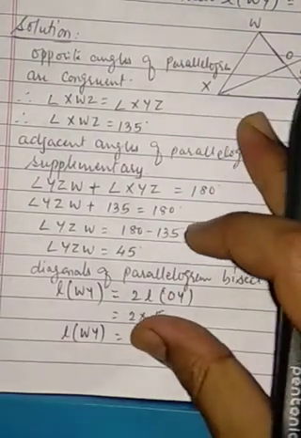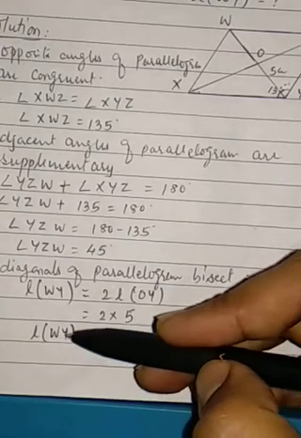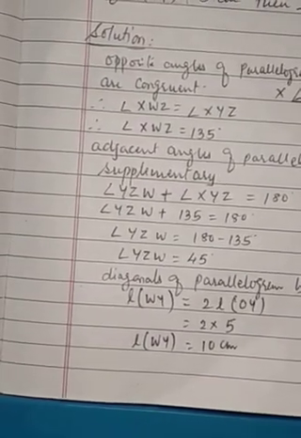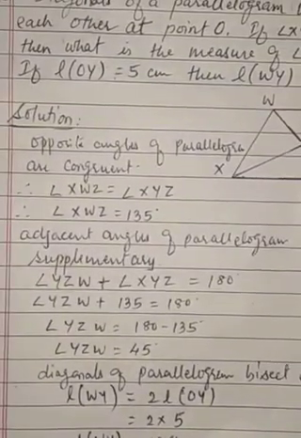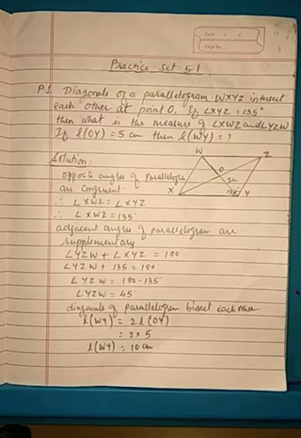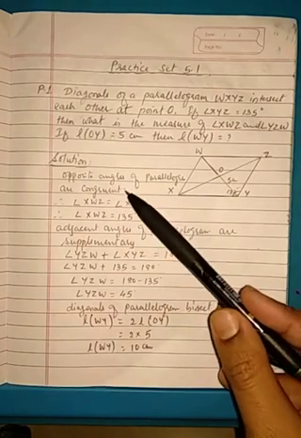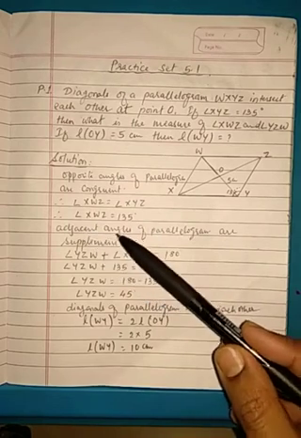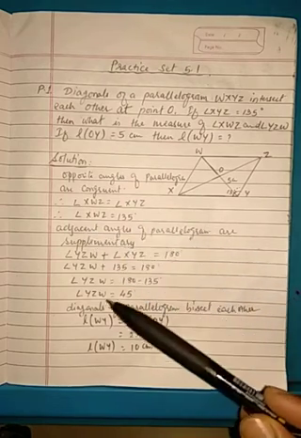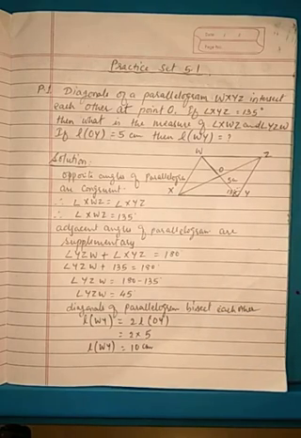And finally, using property, diagonals of parallelogram bisect each other, we get the diagonal WY is 10 centimeter. Okay. So students, we have utilized three properties of parallelogram here. You can see opposite angles of parallelogram are congruent, adjacent angles of parallelogram are supplementary, diagonals of parallelogram bisect each other. Okay.